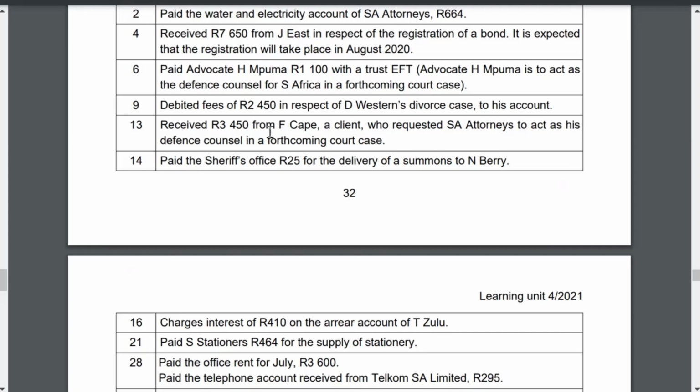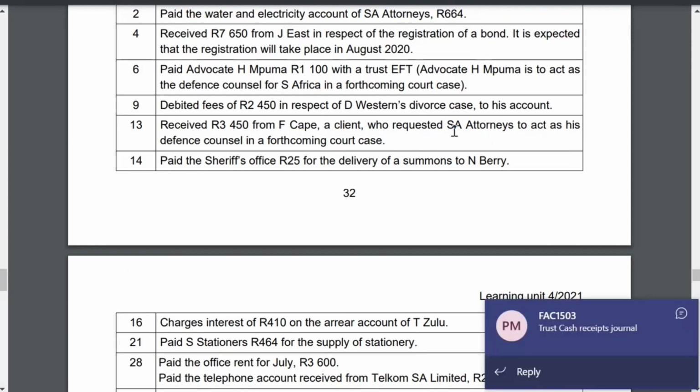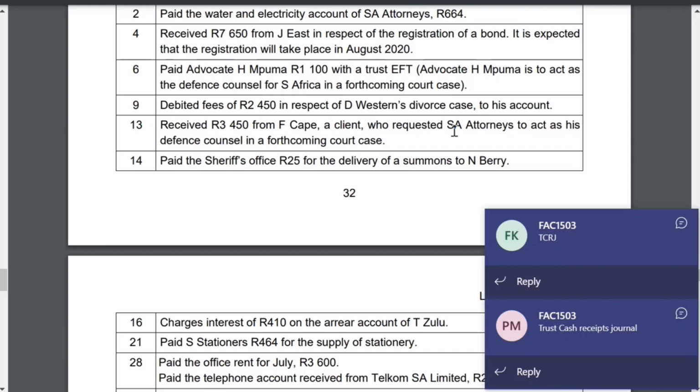Trust, so Palisa is saying trust cash receipts journal. Faith is saying trust cash receipts journal.